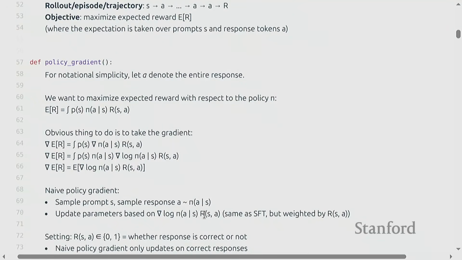So the next time you sample a response, it might be different now because it's coming from the new model. And if you sample multiple responses, that's going to be a different data set from a different distribution than where you started. So your data set, hopefully, is going to get better over time.